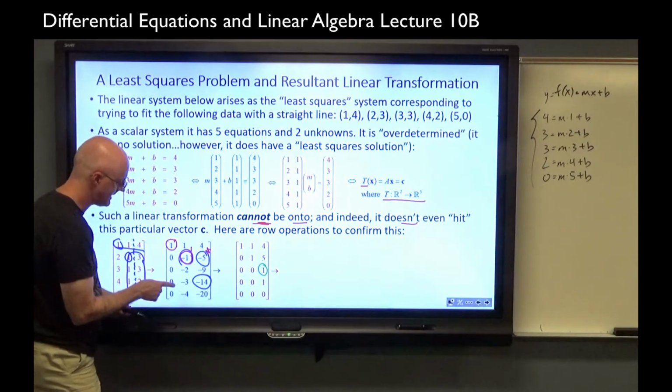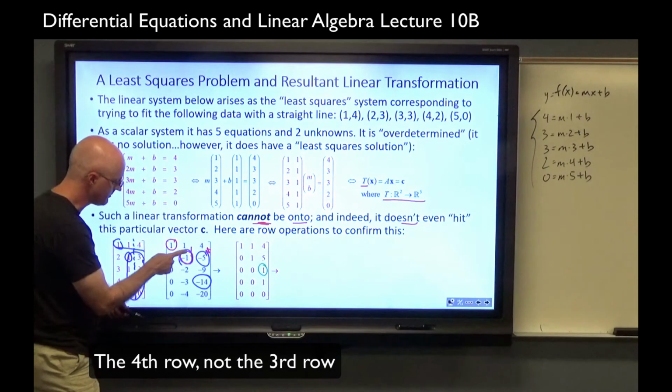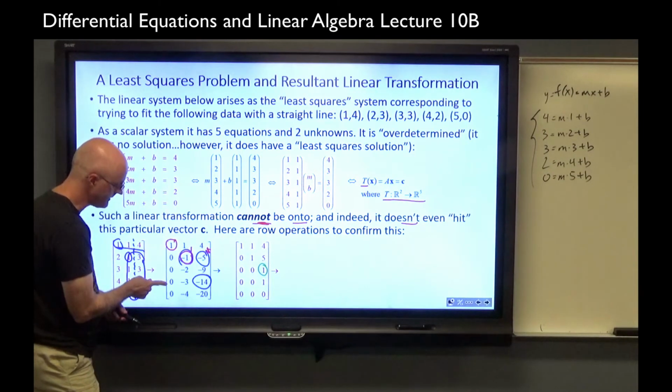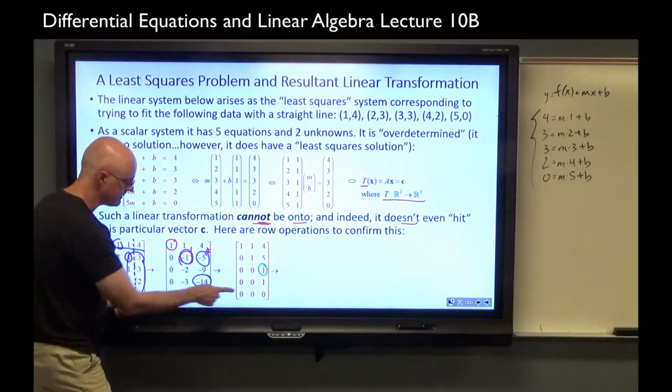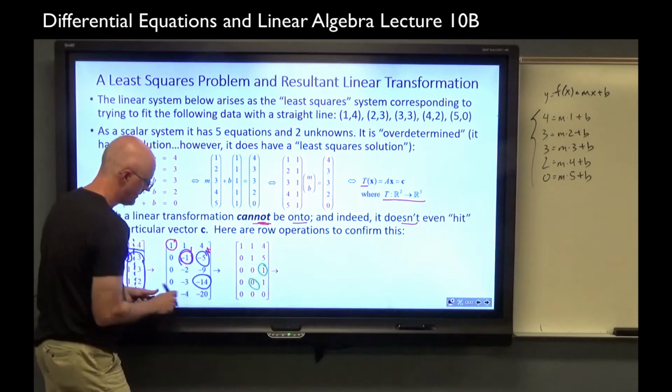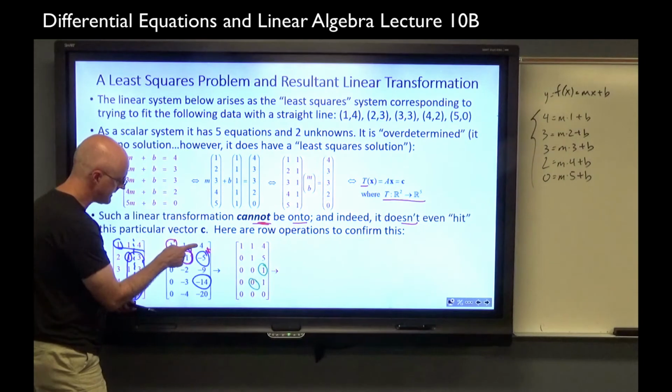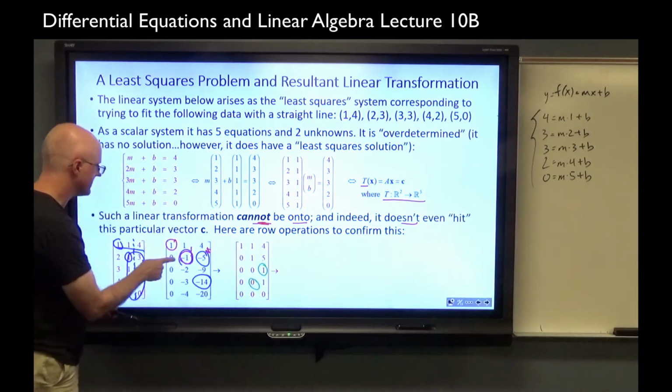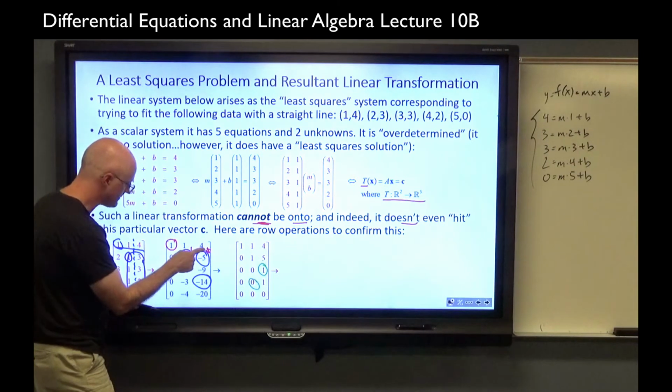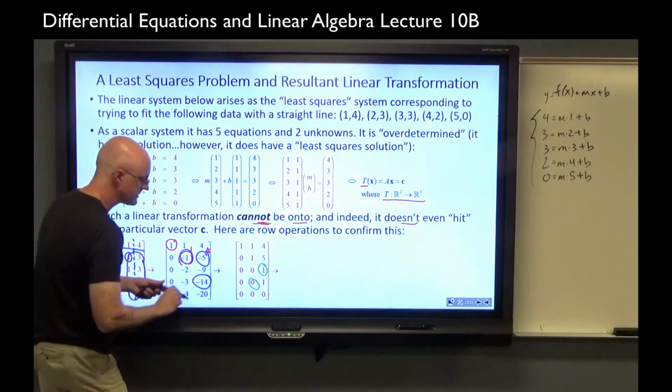What about the third row here? After I have a 1 and a 5 there, I multiply row 2 by 3, add it to row 4, and put the answer in row 4, making this -3 become a 0. 5 times 3 is 15, plus -14 is 1.